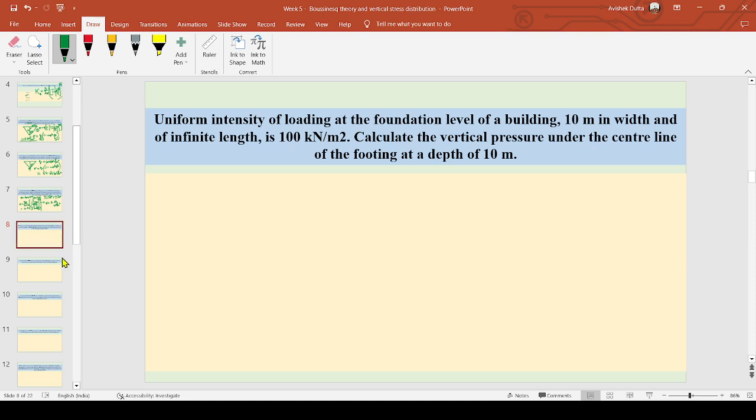Uniform intensity of loading at the foundation level of a building 10 meter in width and of infinite length. Yes, for this question you have to again define the loading, that is, this is 10 meter in width, and then draw the center line and then join this.